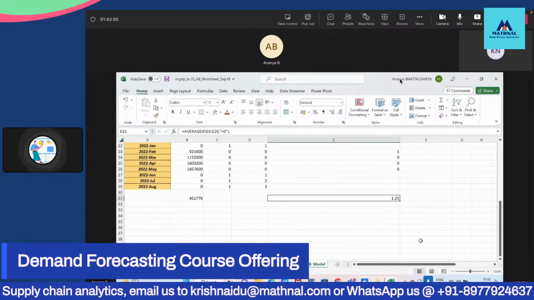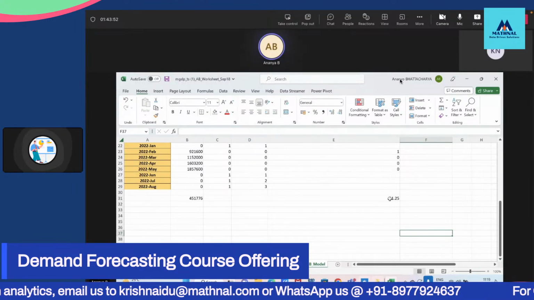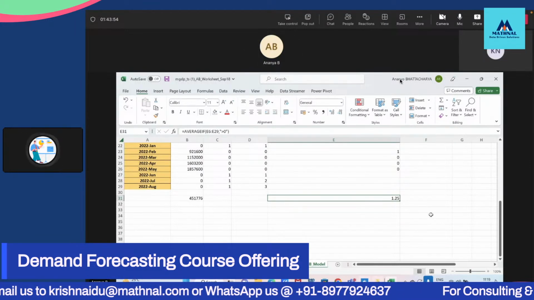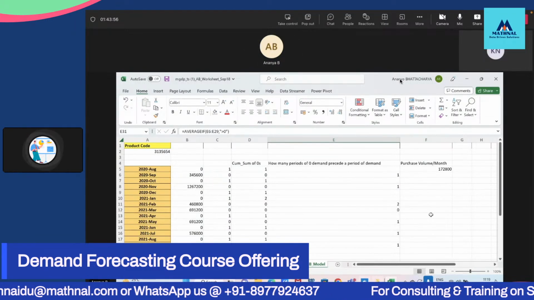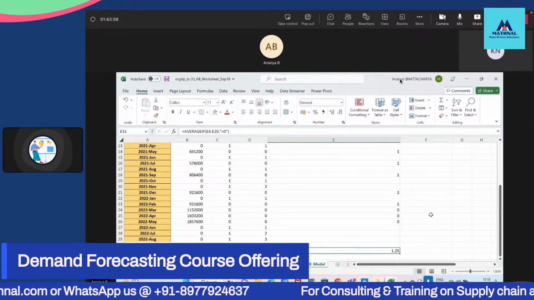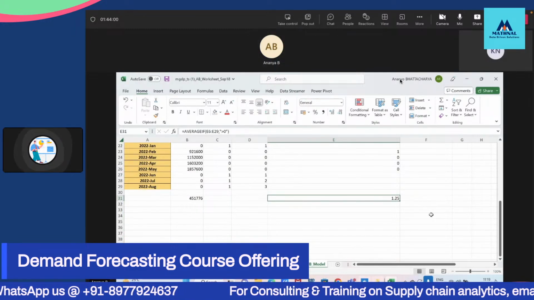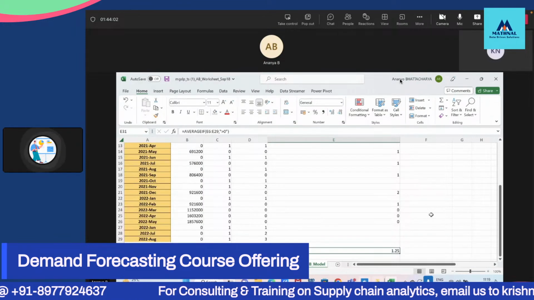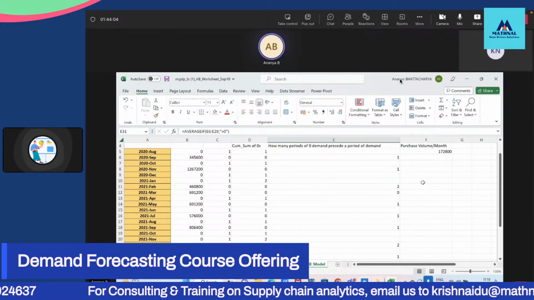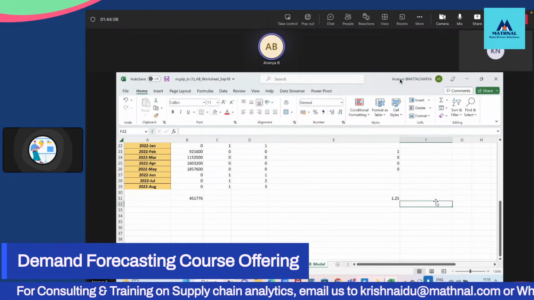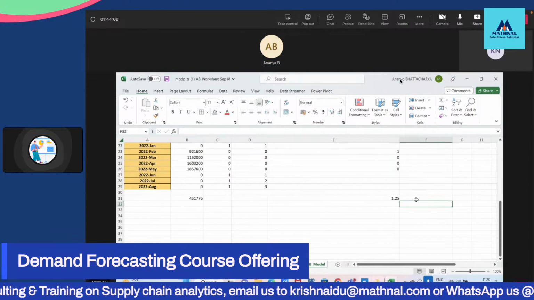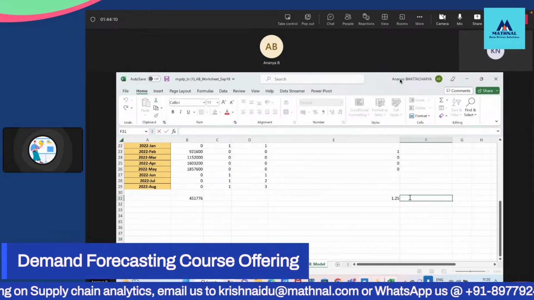So here we're going to get demand in period 4. So we have to multiply this. If it is 2, it will be 3. Okay, yeah, it's plus 1. So now just do one thing. It will be 1 plus 1.25, 2.25.